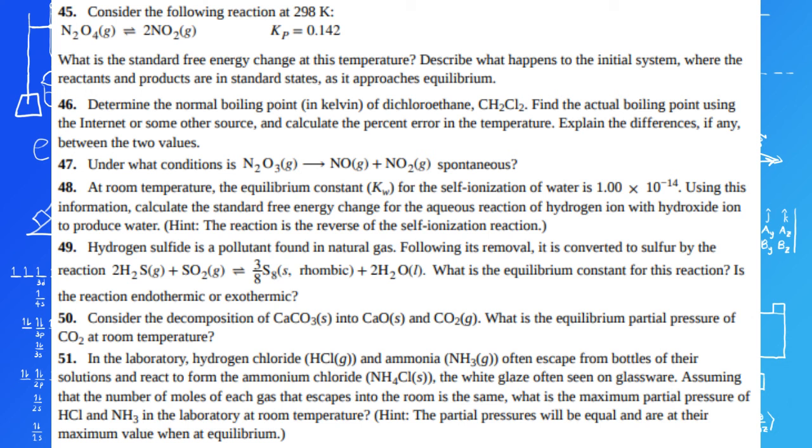So you would find delta H and delta S for dichloroethane liquid turning into dichloroethane gas. And then just take delta H minus T delta S, set it equal to 0, solve for T. That's your boiling point. So that's how to handle something like 46 using thermodynamics concepts.